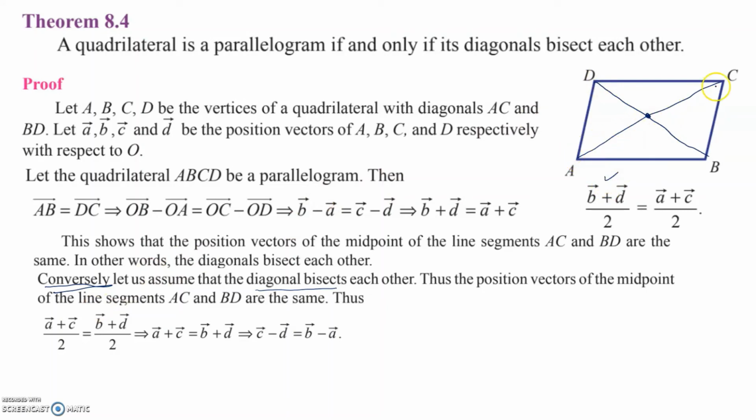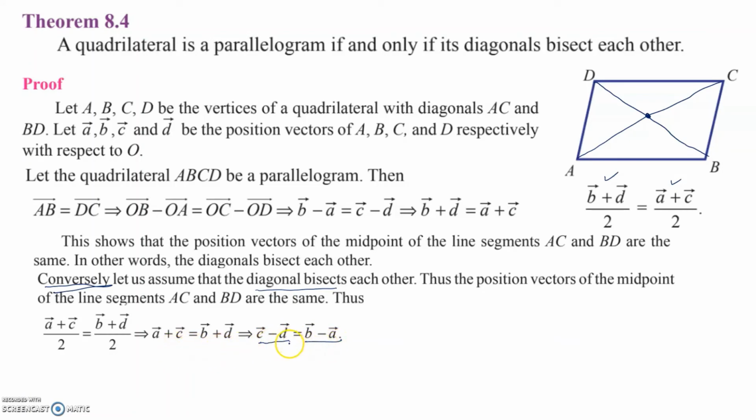Similarly for AC, the midpoint would be A plus C by 2. Since they bisect each other, which is what we have assumed, these midpoints are equal, and we can prove that C minus D is equal to B minus A. Just rearranging this formula, we get this.